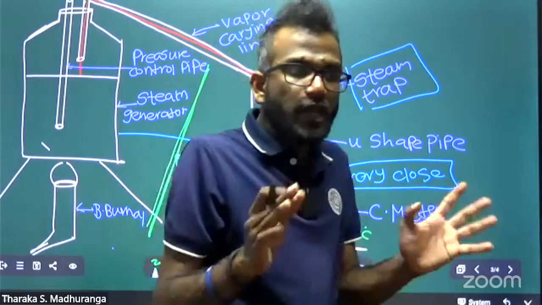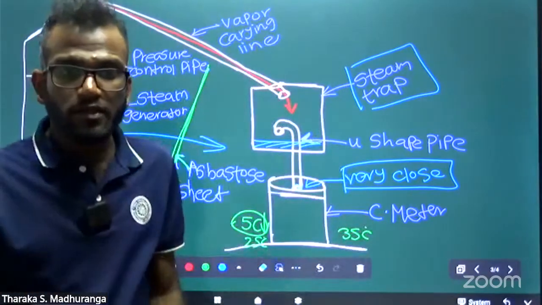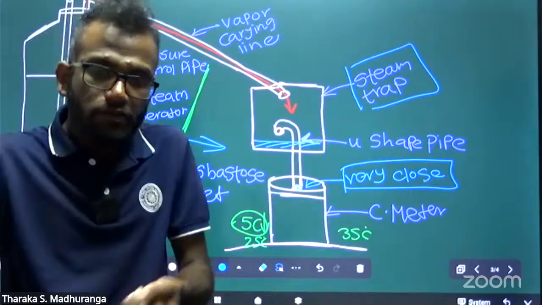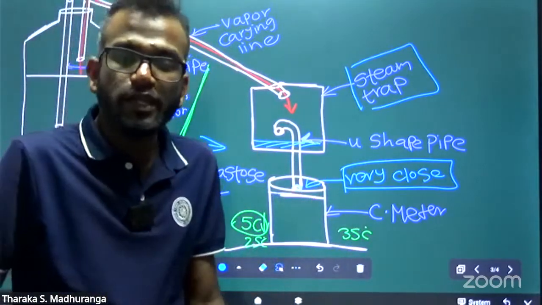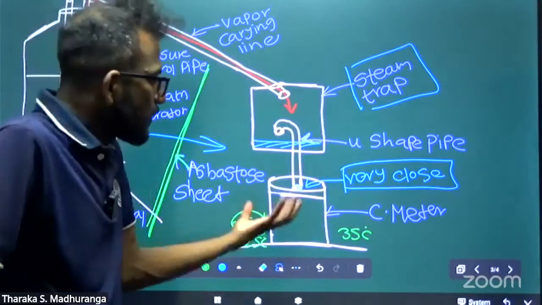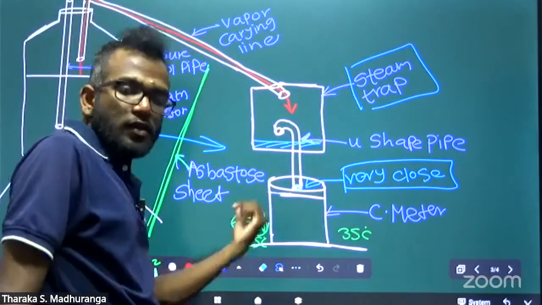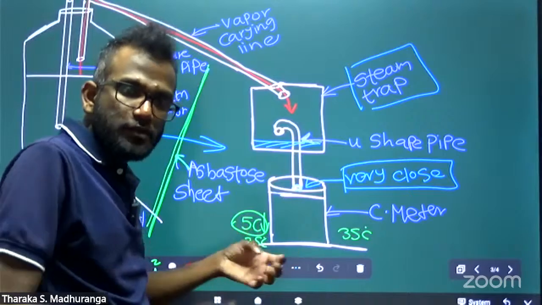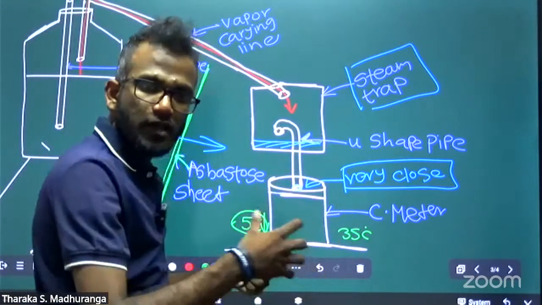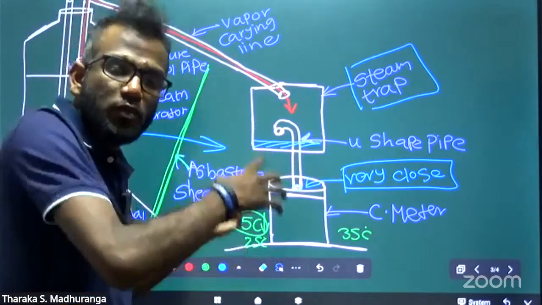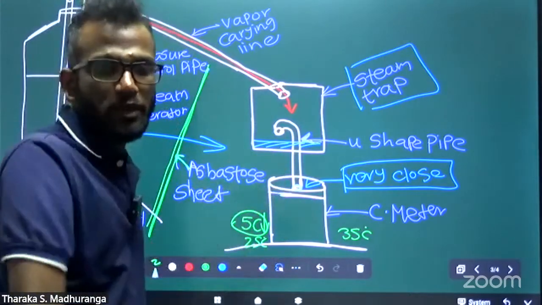Understood? Then we can avoid heat loss. Actually there is heat loss, but we can assume there is no heat loss. Why? In the cooling process, it absorbs heat. We assume that the heat released in the heating process equals the heat absorbed in the 5 Celsius cooling.